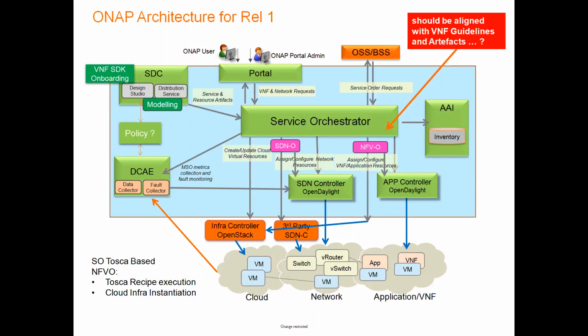Do we agree that we need different types of controllers based on what the function is? We need an infrastructure controller, we need a service controller, we need a network controller. Did you guys agree that those functions need to exist? Yes. Okay. So really the major debate is what technology or what capability does which one of those?